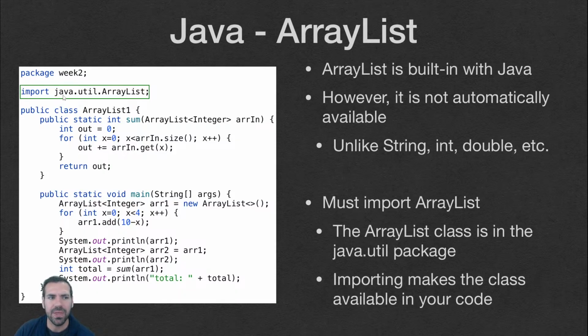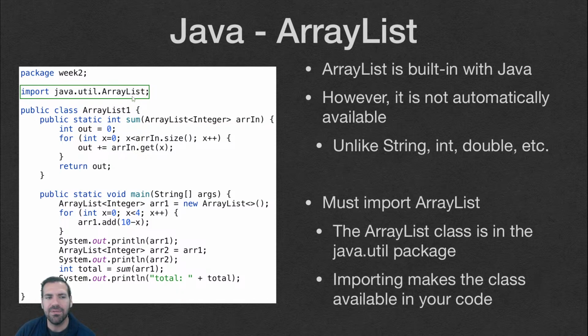And we can infer a few things that may or may not be interesting to you. But java.util.ArrayList, this is the fully qualified name of the class. java.util is going to be the package, and then ArrayList is the class name.